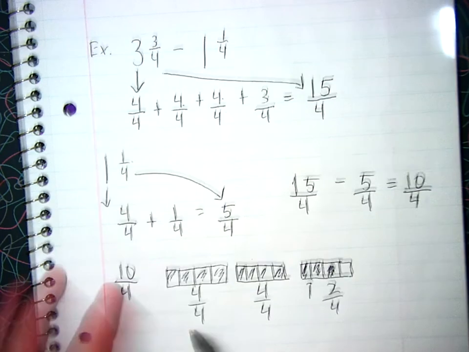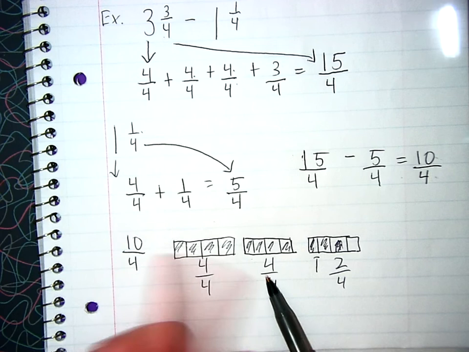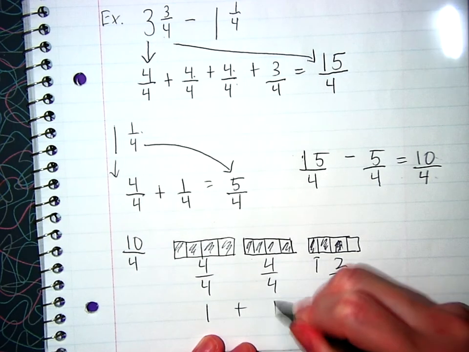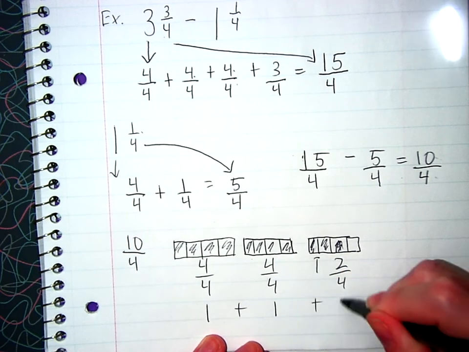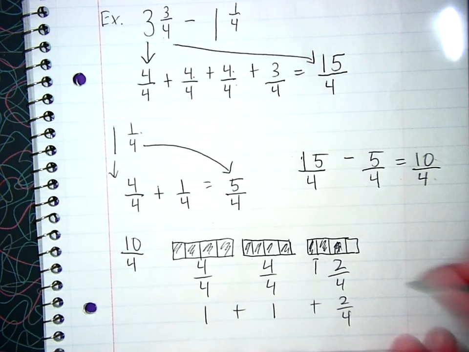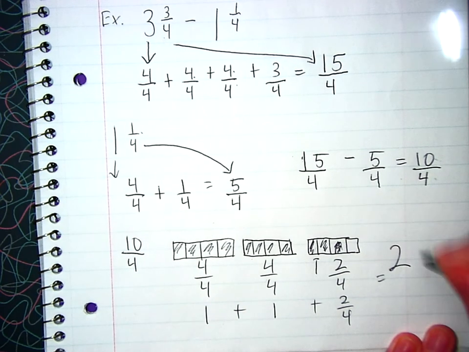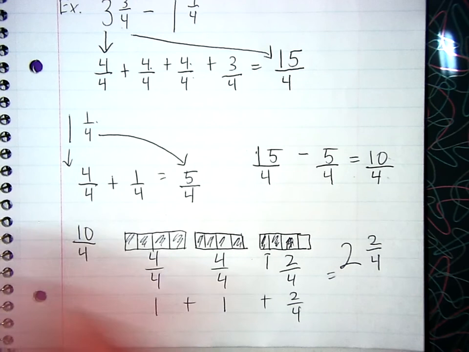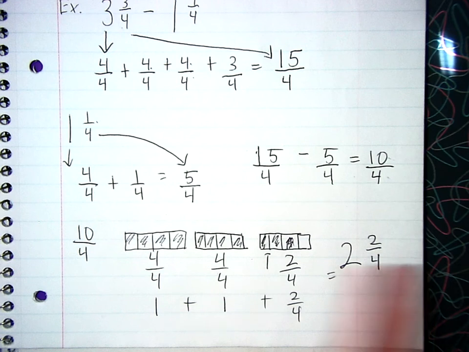So remember, another way to write the 4 over 4 is 1 plus 1 and then the 2 over 4. So if you add the wholes together, you will get 2 and 2 over 4. That is how you subtract a mixed number, and then you convert it from the improper fraction back.